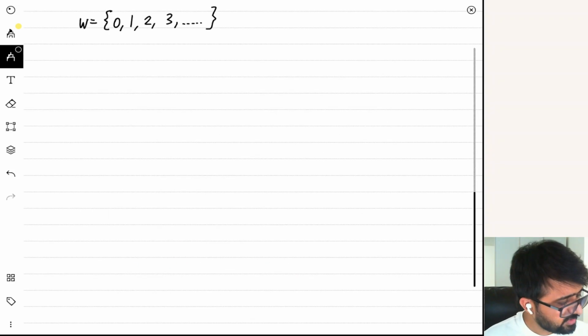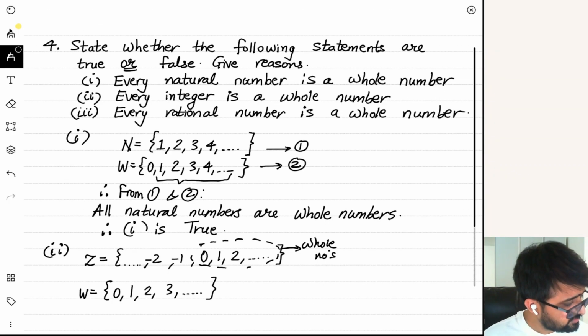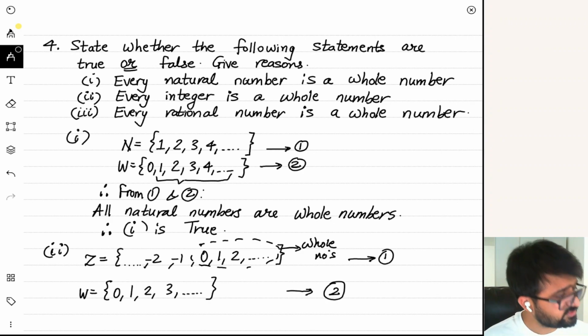Let's name those statements as equation 1 and equation 2.